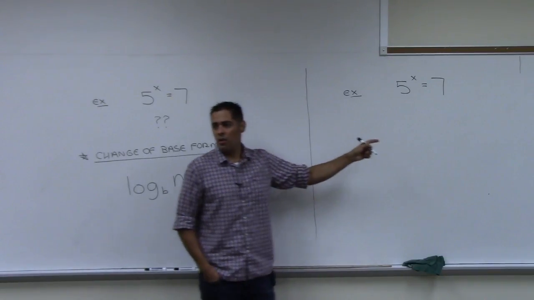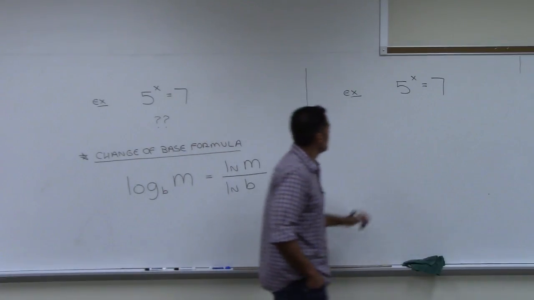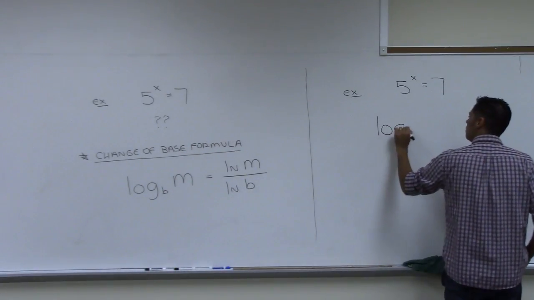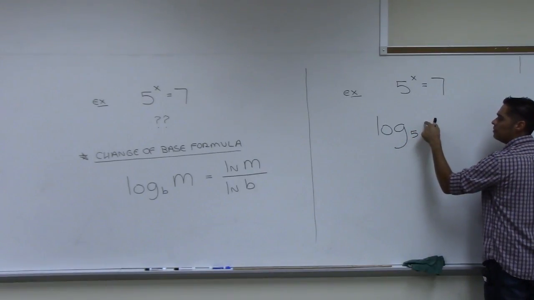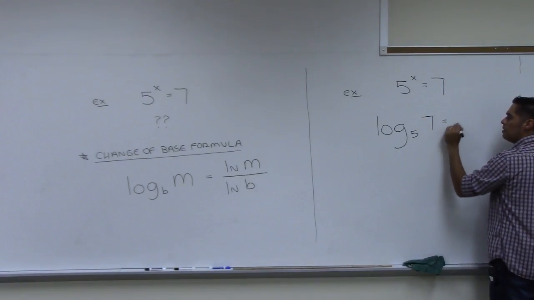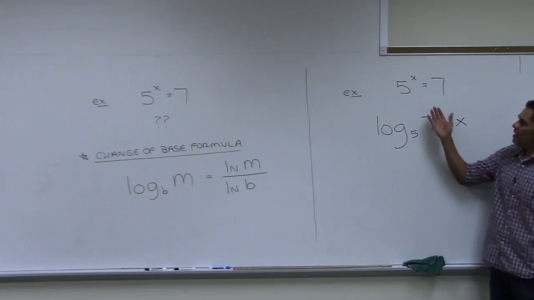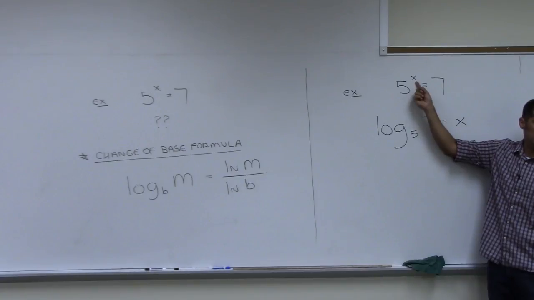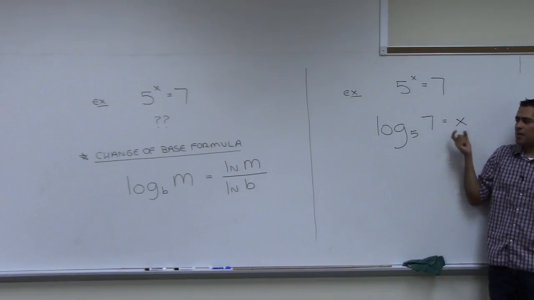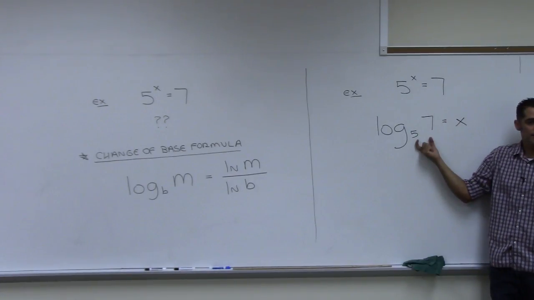Could you convert that to logarithmic form for me right now? It's log, and then what's the base? 5, and then what goes here? 7, and then equals x. What's nice about the conversion from exponential to log form is that I wanted to know what x was here, and this now is telling me x is equal to that.